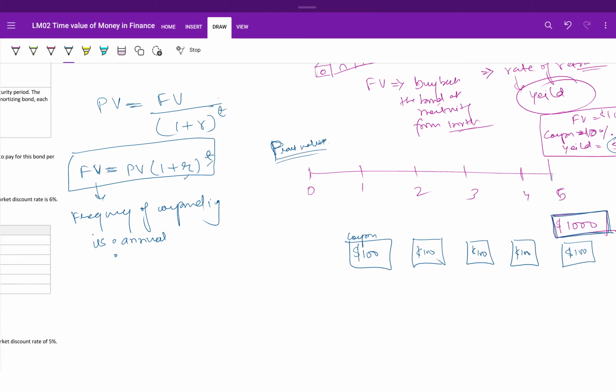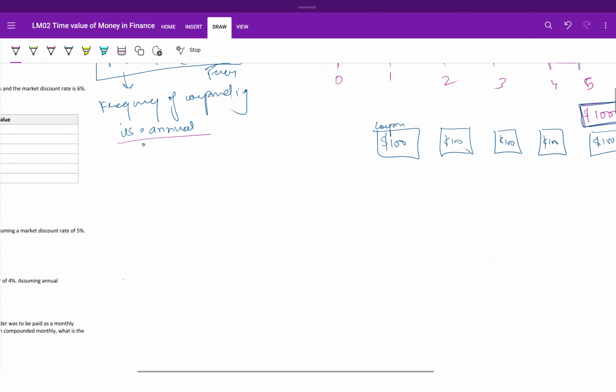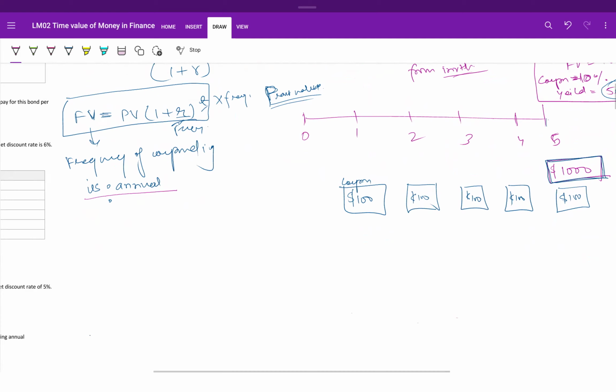We divide the rate by the frequency and we multiply the time with the frequency. We have discussed this in our previous LOS. If you have missed that LOS, just go to that LOS and watch it. So I am assuming that the frequency of compounding here is annual, but it could be more than annual.